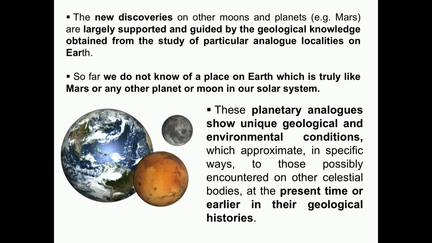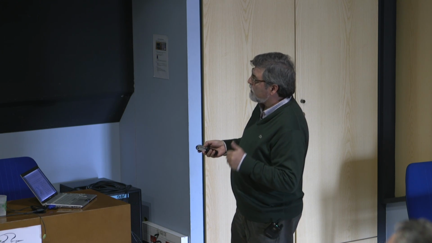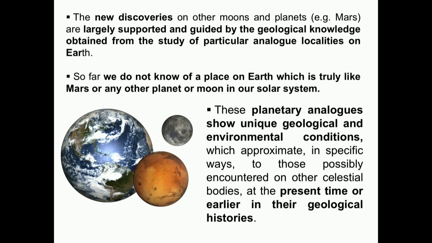It is also important to consider that these planetary analogs show unique geological and environmental conditions which approximate in specific ways those possibly encountered on other celestial bodies at the present time or earlier in their geological histories. So it is important to emphasize that the analogs can be related to the current situation of Mars or any other planetary body, but also to the past. So we can define different types of analogies in connection with different moments in the evolution of the planet.